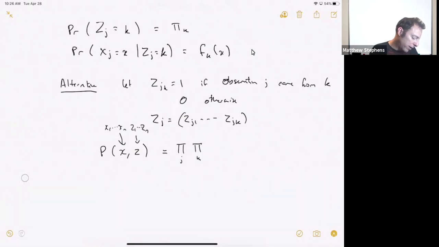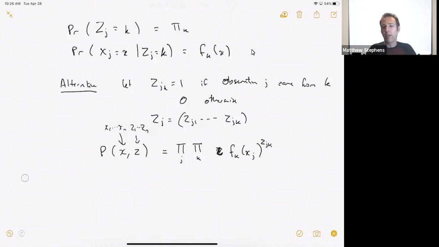By exploiting the binary indicator view, I can write it as a product of Fk of Xj to the power Zjk.